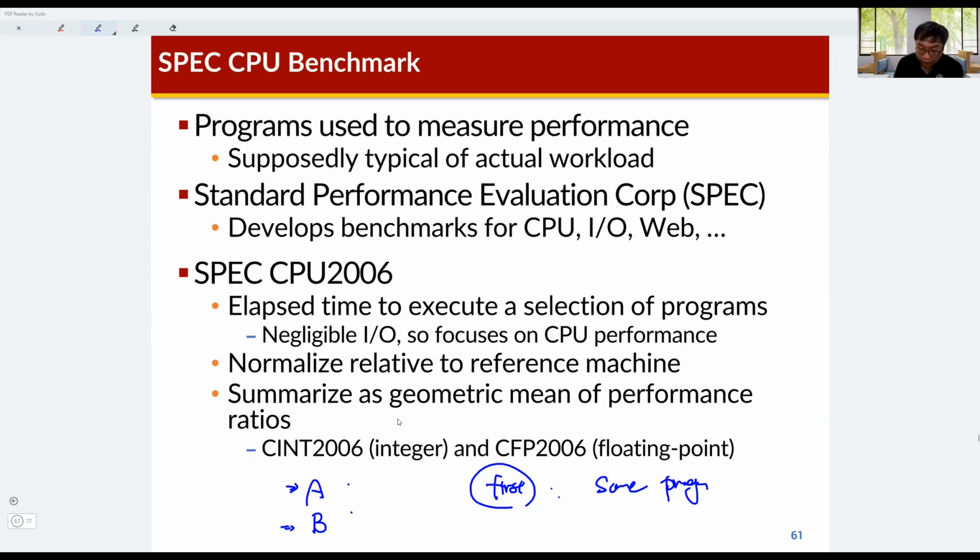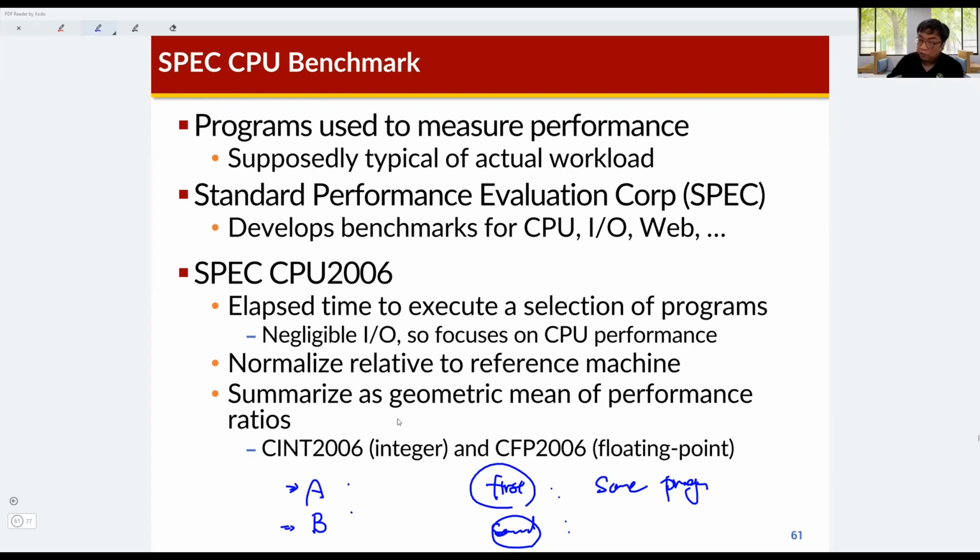And then the second, this application represents the various types of workloads or applications executed by computer systems. What does that mean? Computers run any programs, so it's general purpose.